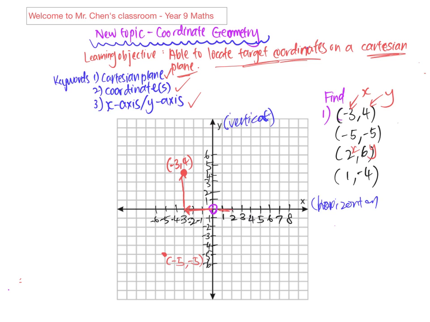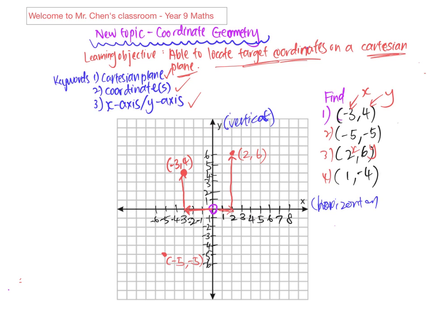And the third one is x is 2 and y is 6, so that means it's going right from the origin and going up by 6, which is right here, 2 and 6. That is your third one.